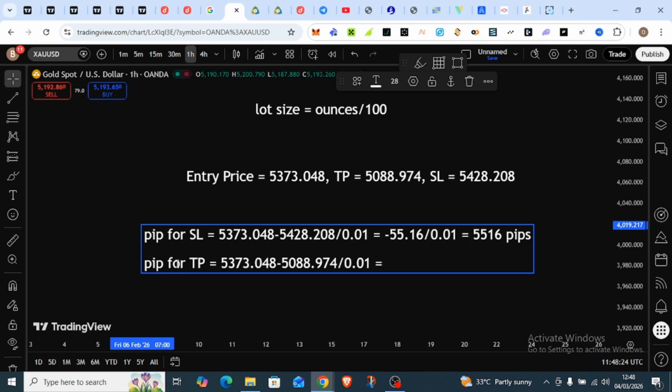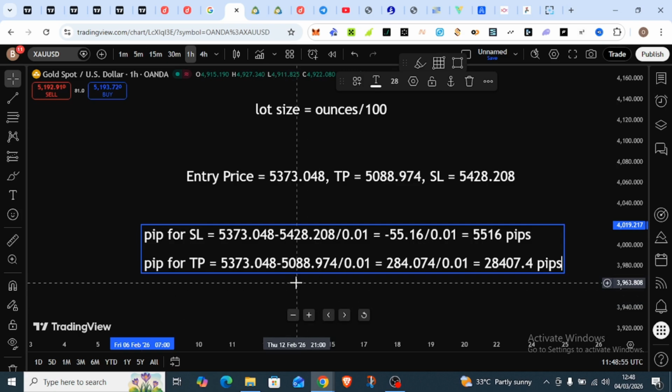This is going to give us 284.074 over 0.01. This is going to give us 28,407.4 pips for the take profit side.